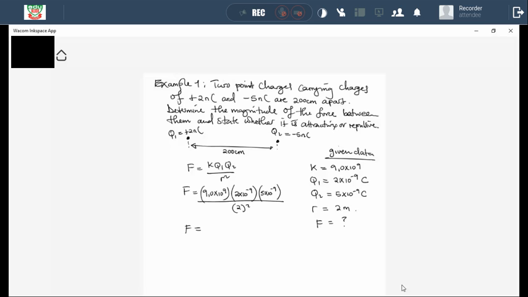I open again, 5 times 10 to the power negative 9, and close. Everything over 2, close, and don't forget to square. Then I hit the button. I'm getting 2,25 times 10 to the power minus 8, and this is in newtons. This is the magnitude.